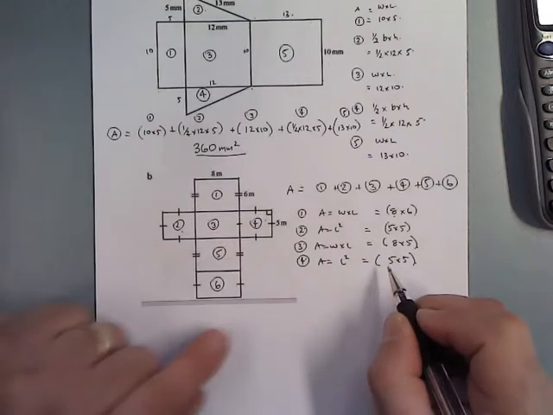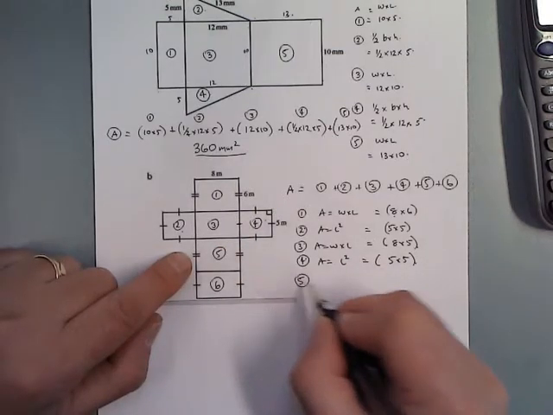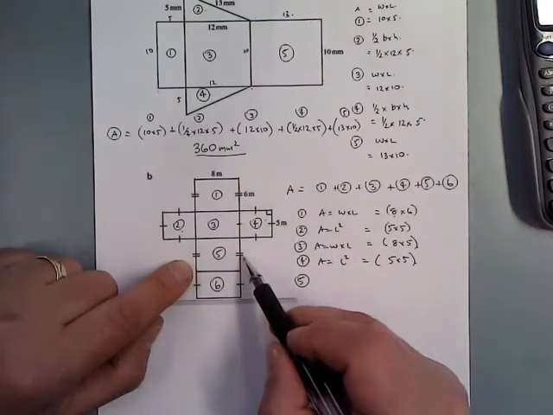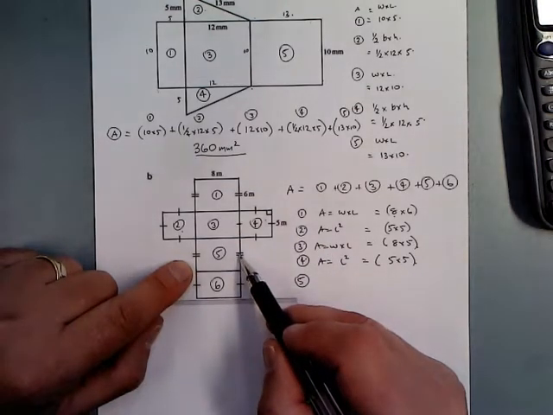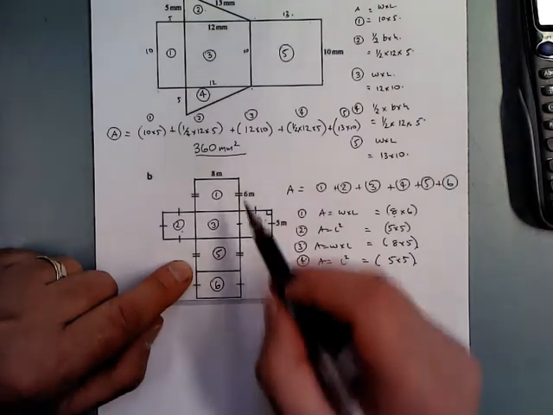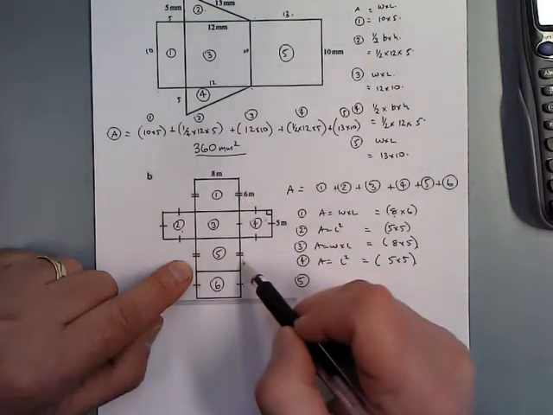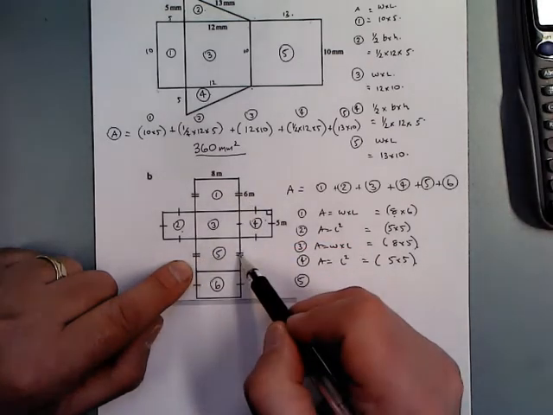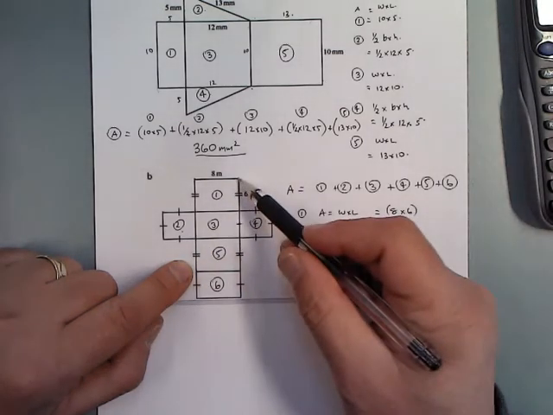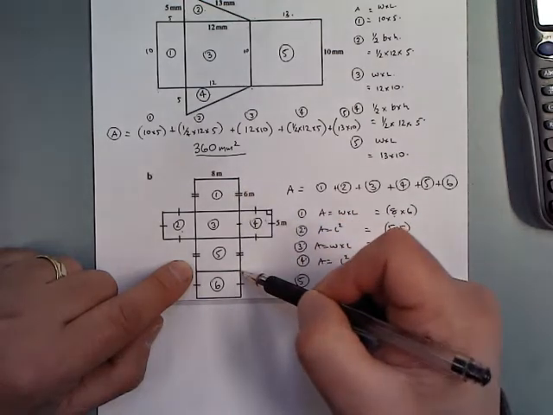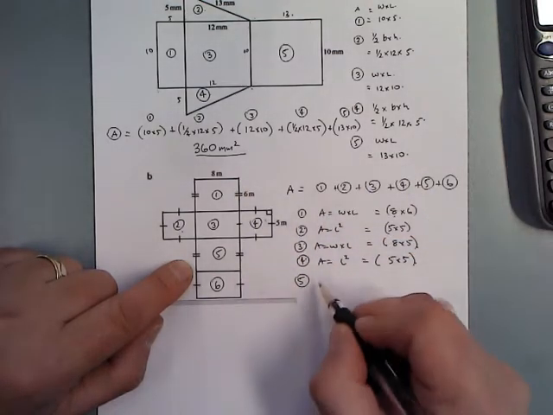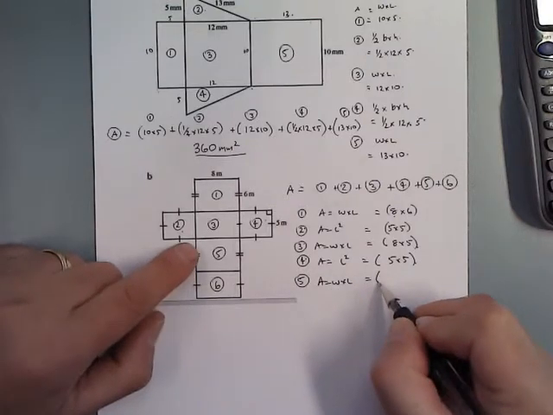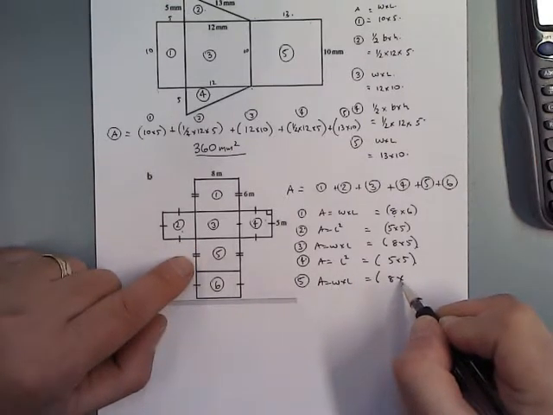Area 5 is another rectangle. We know that that is 6 because we've got the two lines there, so those two sides are the same. So that and that is 6. Because when that folds up, that edge meets up with that edge, that has to be 6. So area equals W times L, in this case 8 times 6.